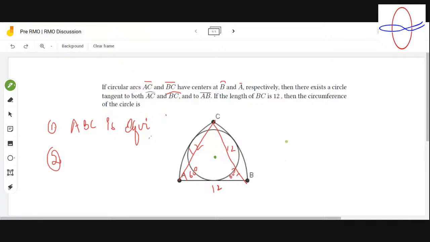Okay, that's quite plausible. But tell me an algorithm, how will you construct it? This is a diagram actually. Here is the small circle out here. So you need to find the radius of the circle.